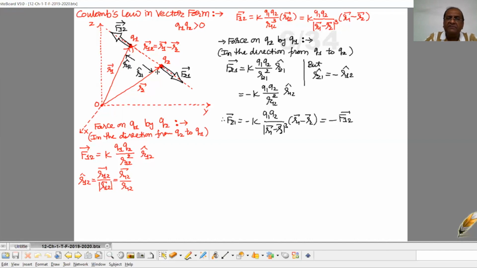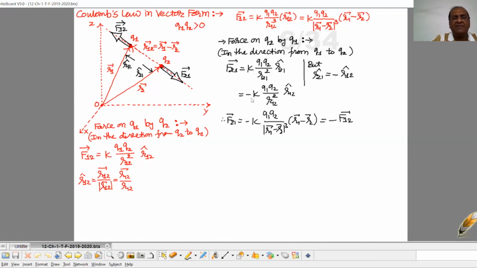But from the figure we can observe that r21 caret and r12 caret are in opposite directions. Both are unit vectors, so we can write r21 caret as minus r12 caret. So replace this r21 caret by minus r12 caret.